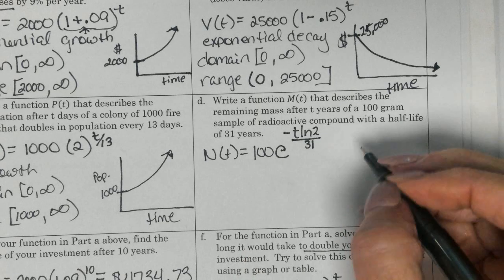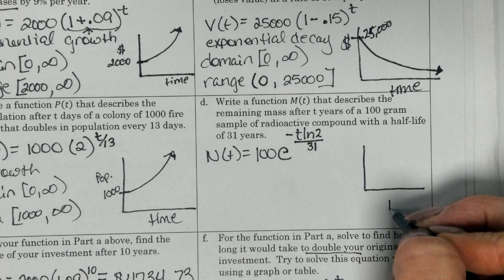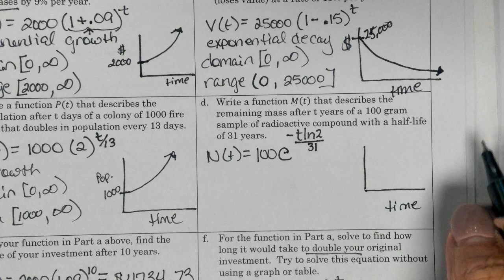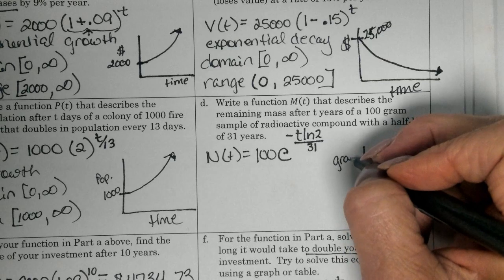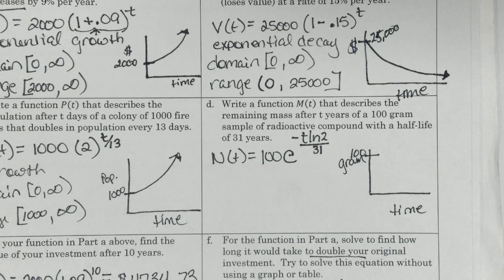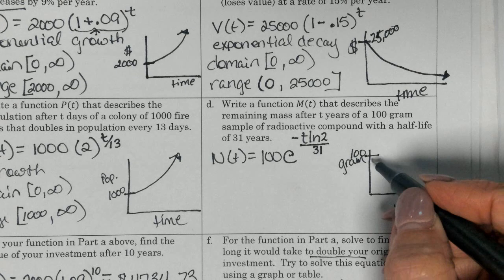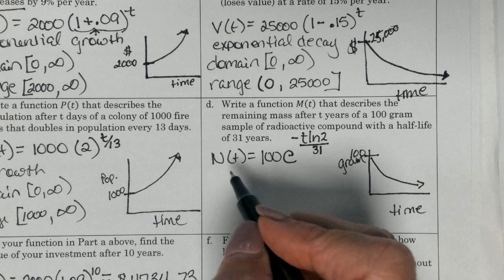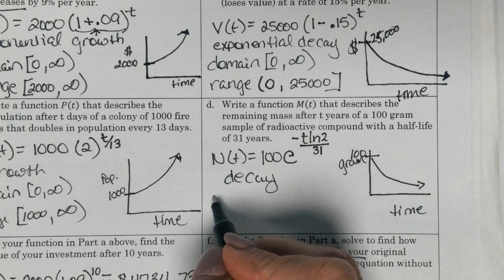All right, let's show what that would look like on a graph. So we've got time and we've got mass. This is grams. We're starting out at 100. And is this growth or decay? Decay, so we're decreasing. And then what is our domain?